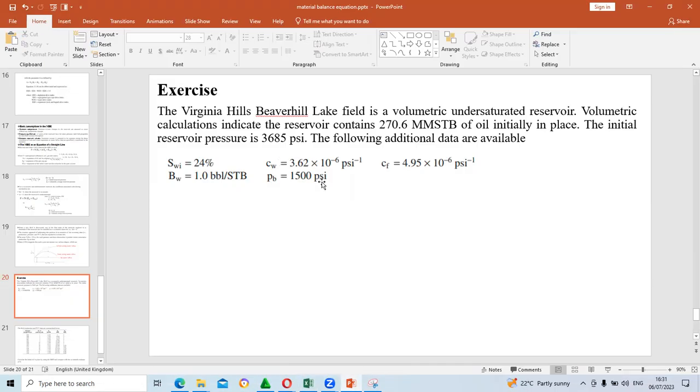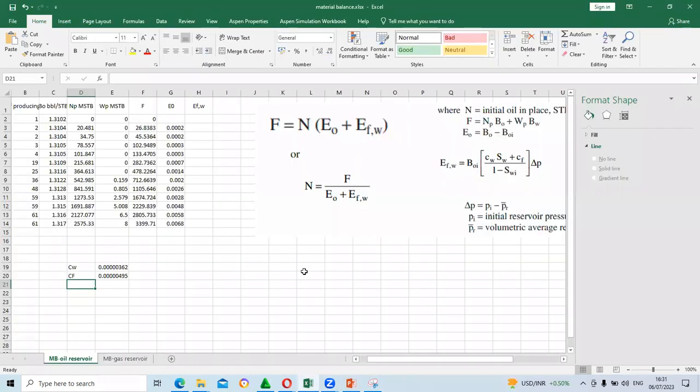So you look at the reservoir pressure and look at the bubble point. That's just to confirm the fact that it is undersaturated because the reservoir pressure is above the bubble point pressure, just to explain that as a plus. Then our SWI, which is our irreducible saturation, is 0.24.